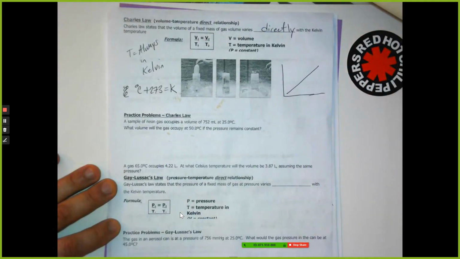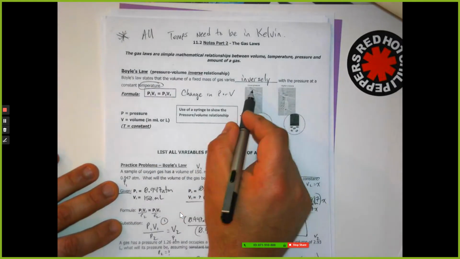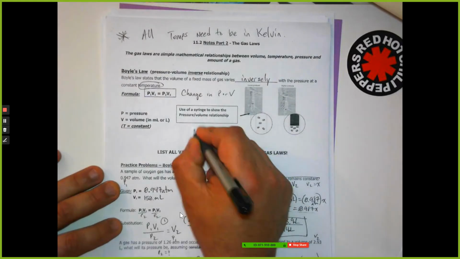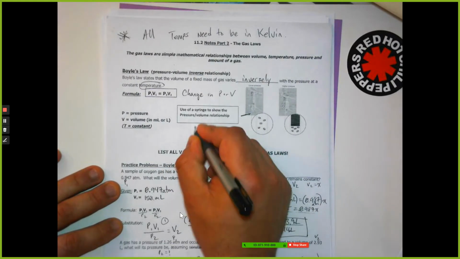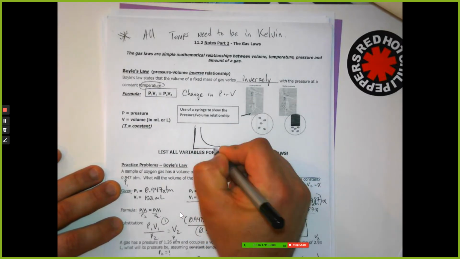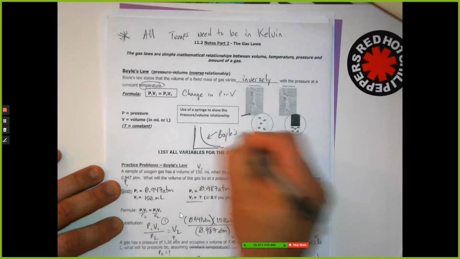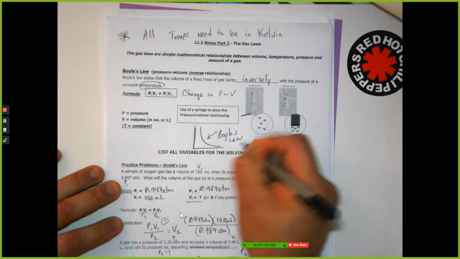And then on Boyle's Law, I forgot to mention that last time, if we were to do this on a graph, remember this is the inverse relationship between the variables that you look at. And if you were to put this on a graph, it would look like this. This is the classic Boyle's Law curve, showing an inverse relationship.